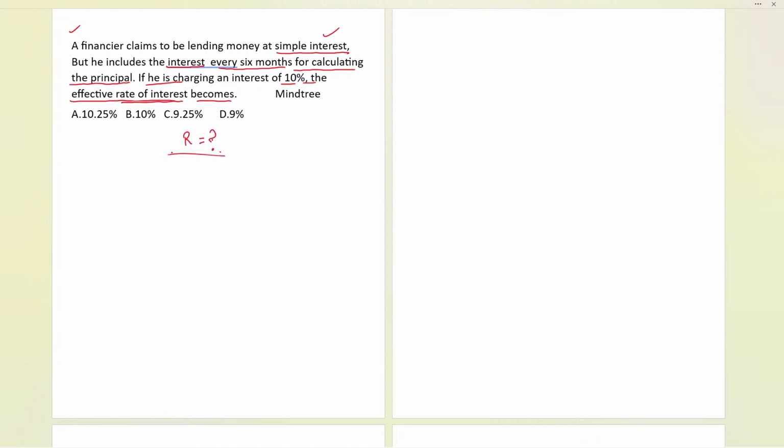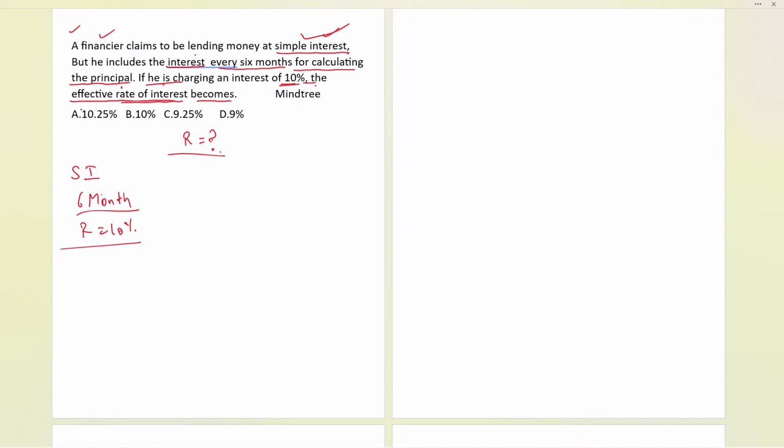Now observe everybody. The question is that the financier claims to be lending the money at simple interest, so we are considering simple interest over here. It is also telling us that he includes the interest every 6 months. He is charging an interest of 10%, so let us write 10%.